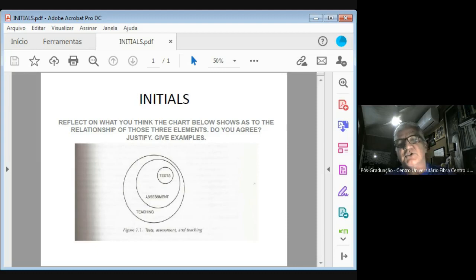But unfortunately, because of the conditions, because of the structures of schools, because of so many different things, it's easier for teachers to prepare tests. And most teachers are not prepared, are not trained to design tests.